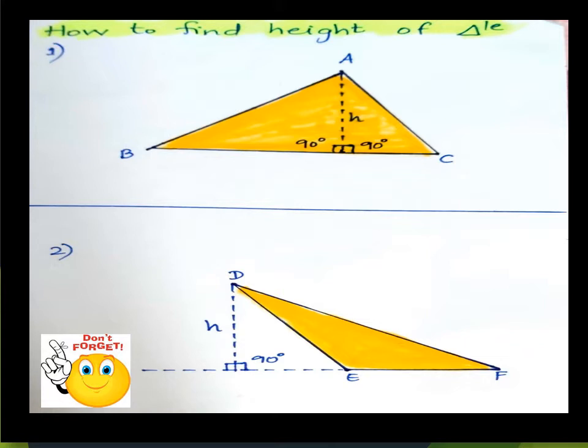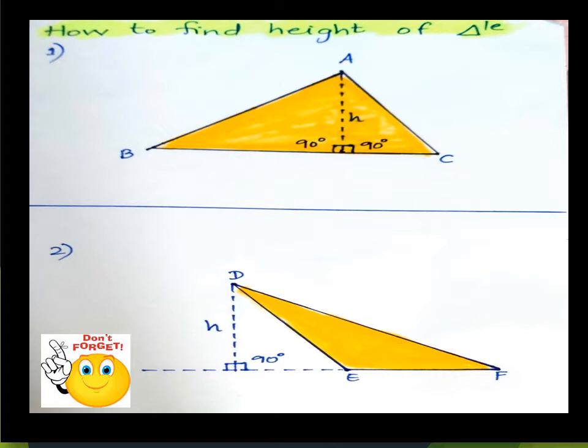Now, observe the another triangle here, that is DEF. Now, if I want the height from the point D, so you will be drawing the perpendicular line segment on the base EF. But in the previous triangle, we got the height inside the triangle. In this case, it is outside the triangle.